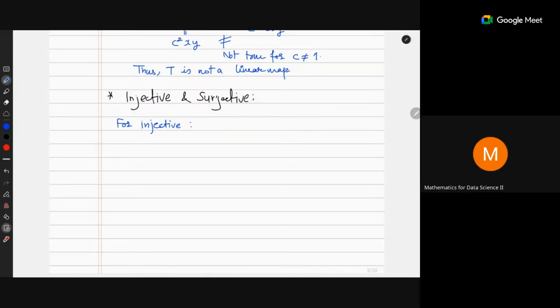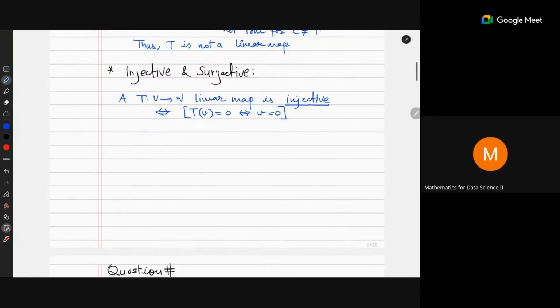So let me write it better. A linear map T from V to W is injective if and only if T of V is 0 only when V is 0. Okay. So this is one statement, and injectivity is equivalent to this statement. Okay. Now surjectivity.